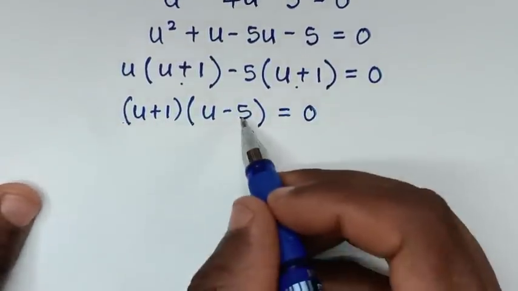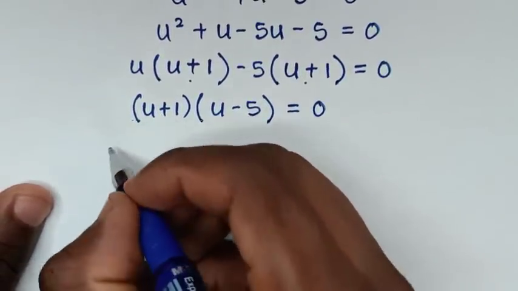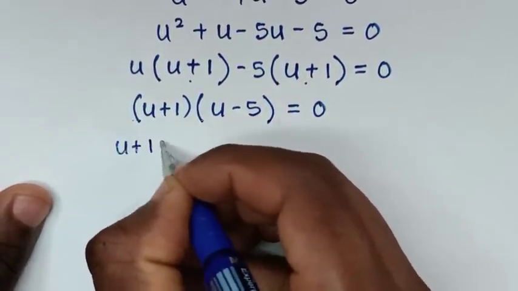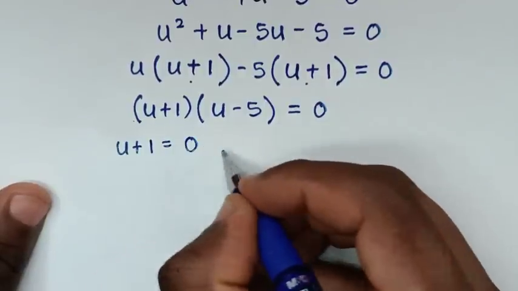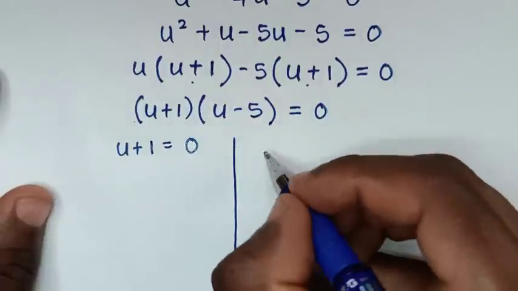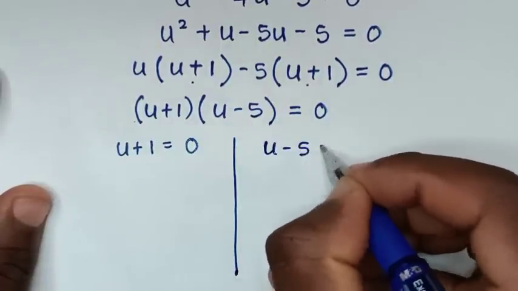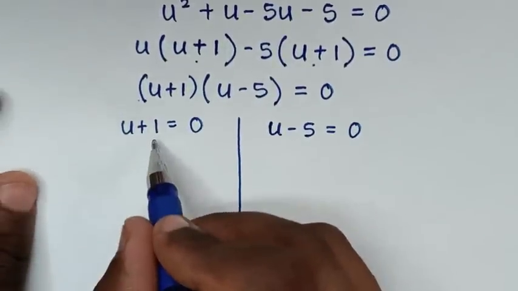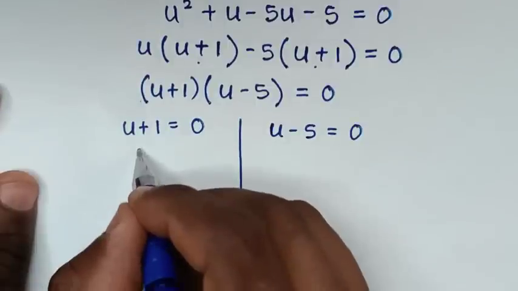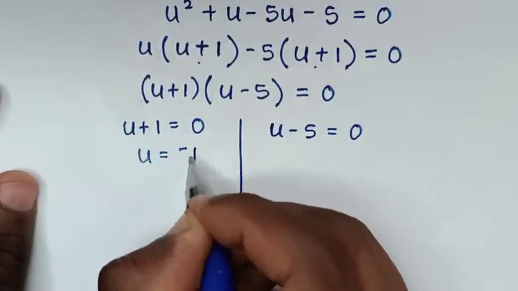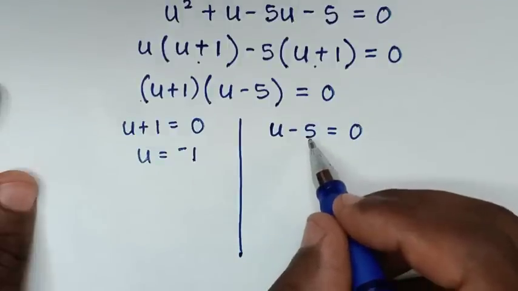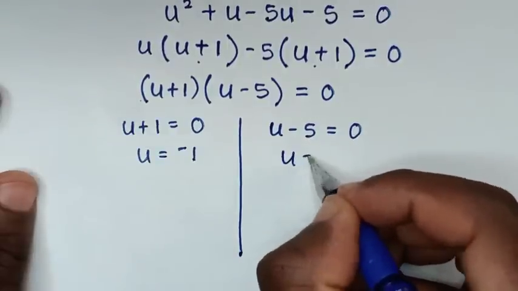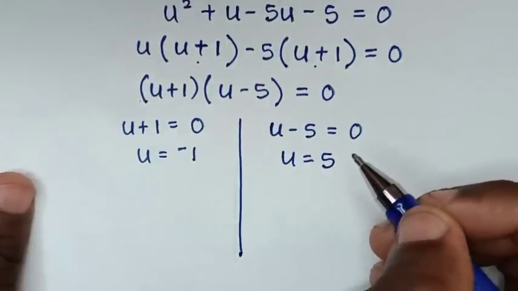Then from here we have two solutions. This is the first solution, u plus 1 is equal to 0, and this is the second solution, u minus 5 is equal to 0. Then from this first solution we take 1 to this side, it will be u is equal to negative 1, and this will take negative 5 to this side, it will be u is equal to 5.